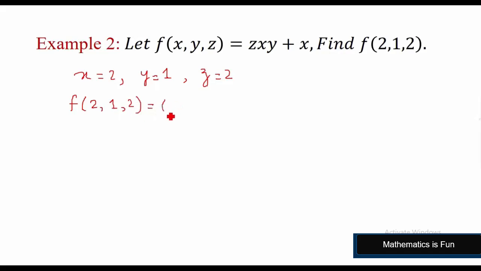So z is 2, x is 2, and y is 1, plus x is 2. So it is 4 plus 2, 6. So the value of f at (2, 1, 2) is 6.